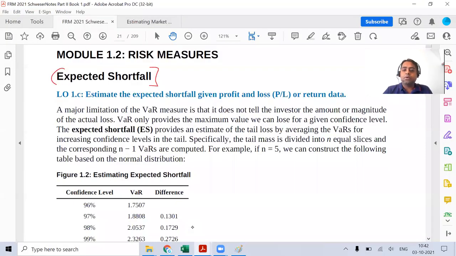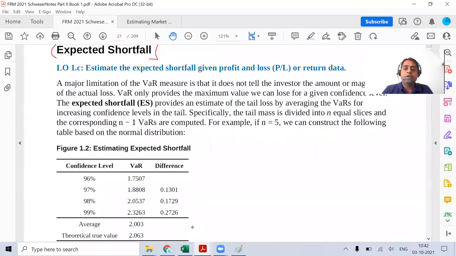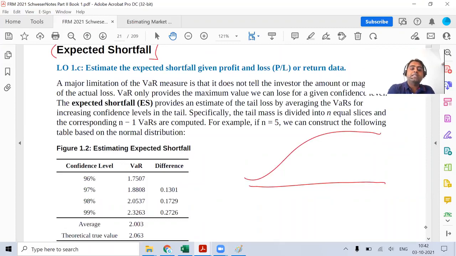Taking you towards the book, they have taken an example where they found that the VAR is primarily sitting at 95. This is again a simulation. They have run a lot of simulations. What they have tried to find is at 96% what is going to be the VAR number, at 97 what is going to be the VAR number.